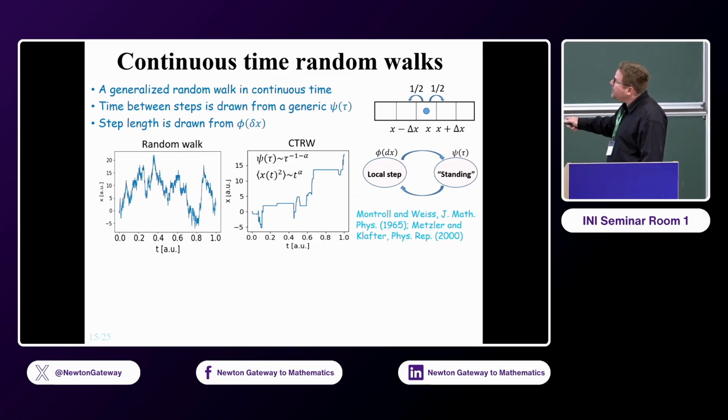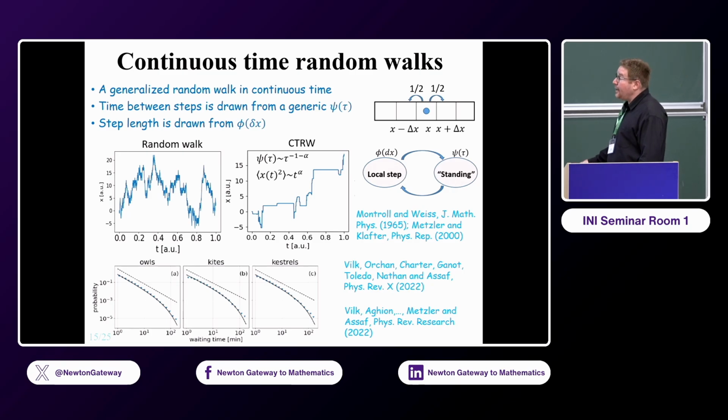Of course, in addition to having a generic waiting time distribution, you can also have a generic step size distribution, and you can get Levy walks here if you take a distribution of step sizes with a diverging variance, for example. But we will focus on waiting time distributions with a diverging mean.